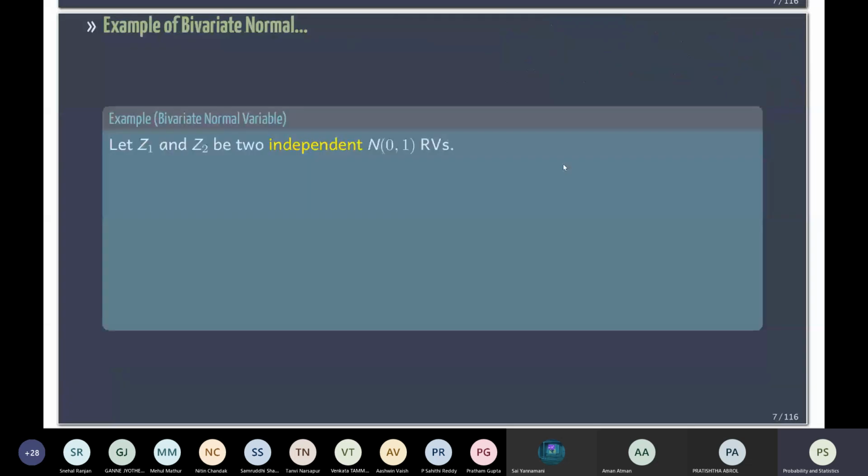Okay, so let us work with some example here. Let Z1 and Z2 be two independent standard normal random variables. The scaling is a little bit different here, obviously, because we are dealing with two random variables now.